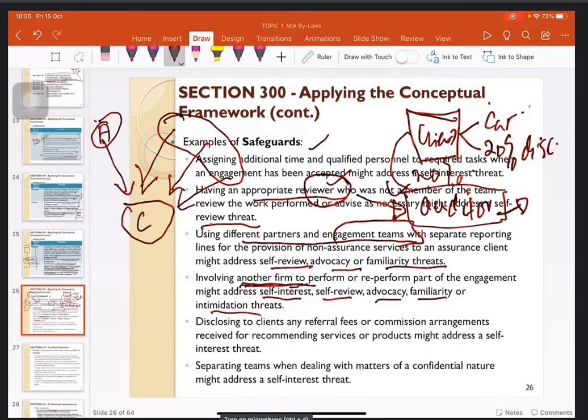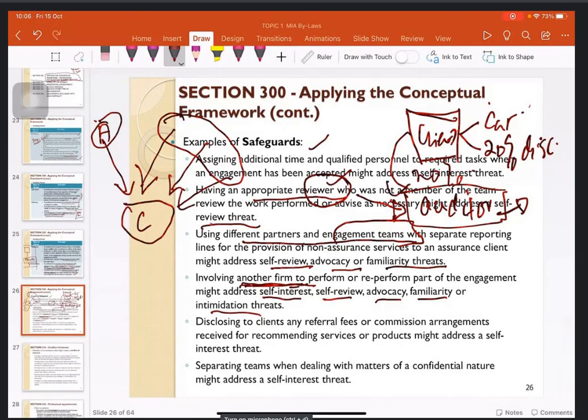Ini benda yang biasa dibuat, okay? For example, KPMG, bila dia audit satu company, kadang-kadang dia also provide other services to that company. So, dia suruh ada audit firm audit on that particular area. Faham kelas ya? Faham, madam?